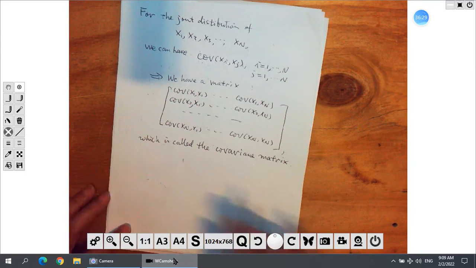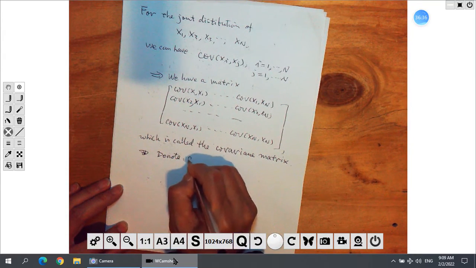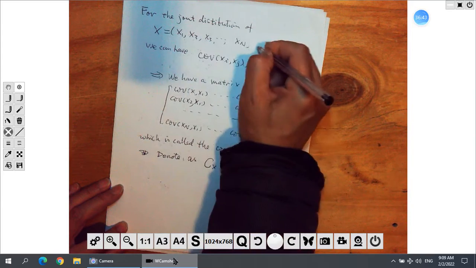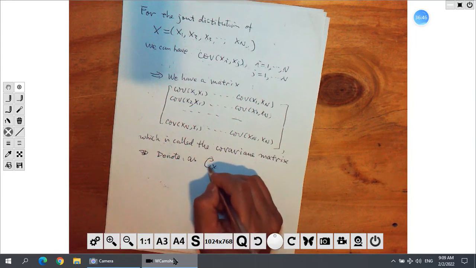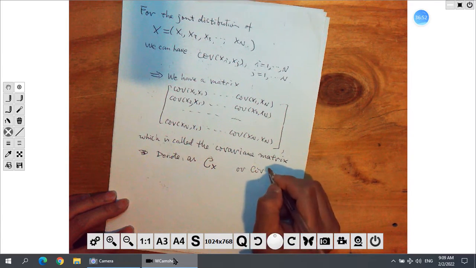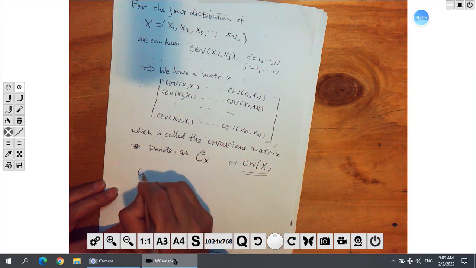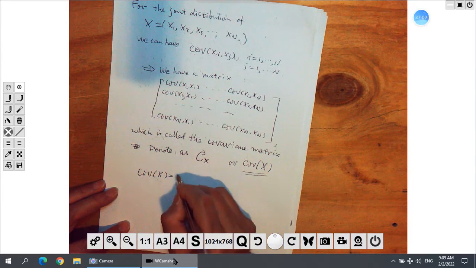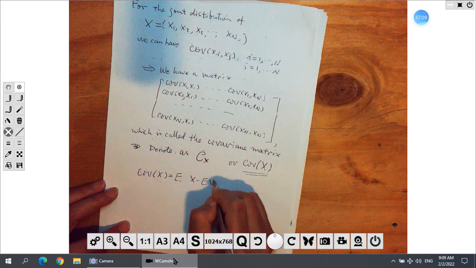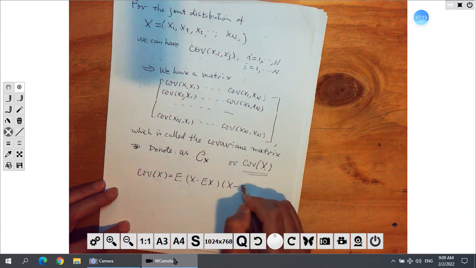The property here I denote as C_X, capital C with subscript X, for the covariance matrix of capital X. You can write it this way: the covariance of X equals the expectation value of X minus EX, which is a vector, times X minus EX.